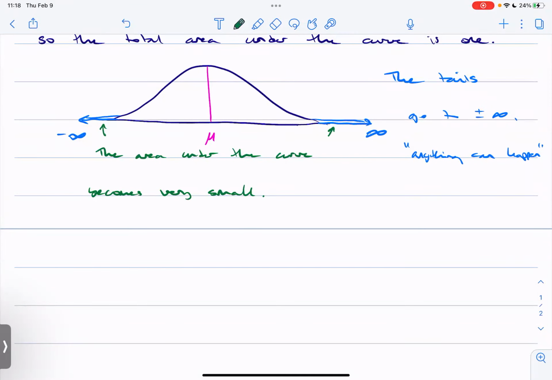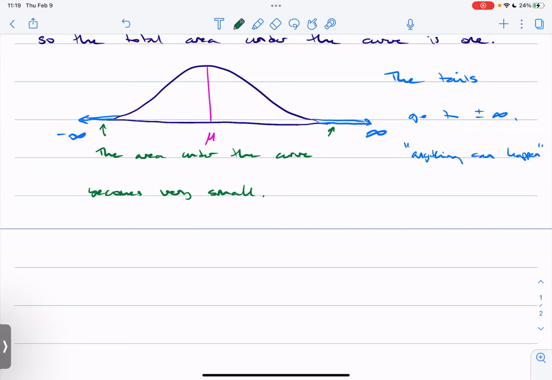Imagine your tails are just lifted off the axes, going all the way to infinity in either direction, but still the total area is 1. For me, that's kind of crazy, but that's just how it is. We're going to leverage the fact that we have a total area of 1, and then we'll be able to use the normal distribution to find probabilities.